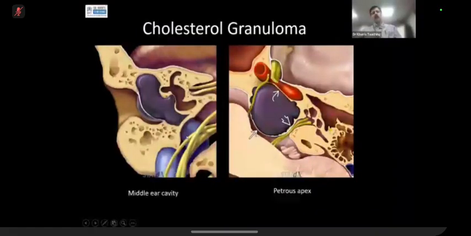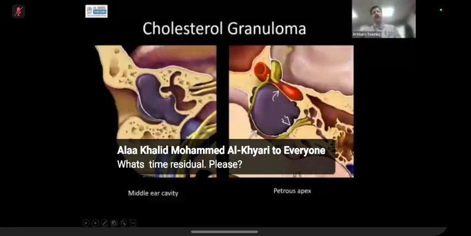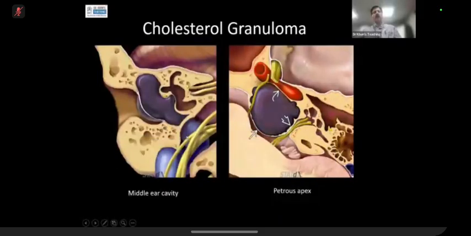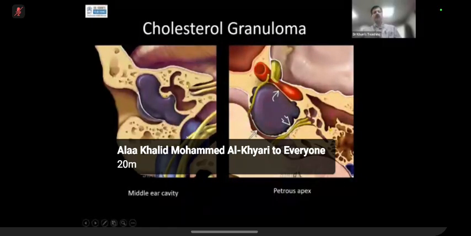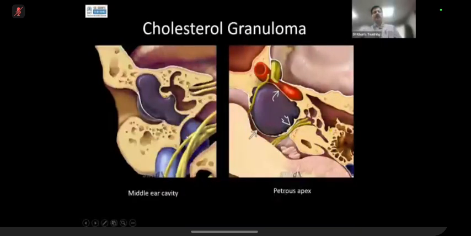What is a cholesterol granuloma? Basically, the pathophysiology is that cholesterol granulomas can be in the middle ear cavity, mastoid, or they can be in the petrous apex when it is aerated. The basic concept is that there is a vacuum phenomenon, there is inadequate aeration, and gradually there is a chronic inflammation.